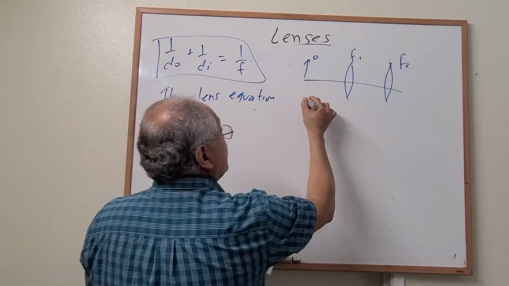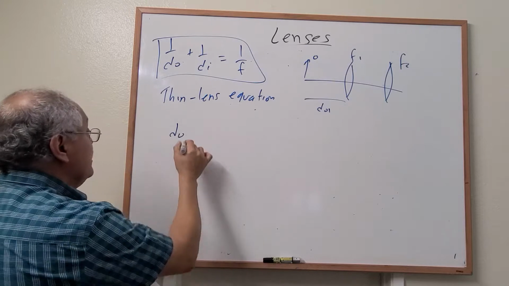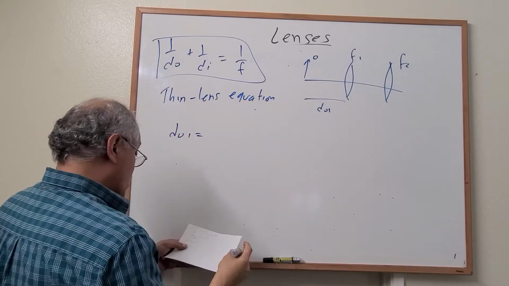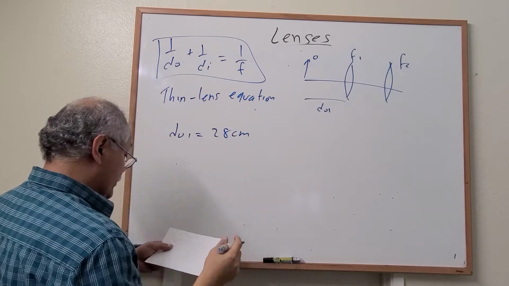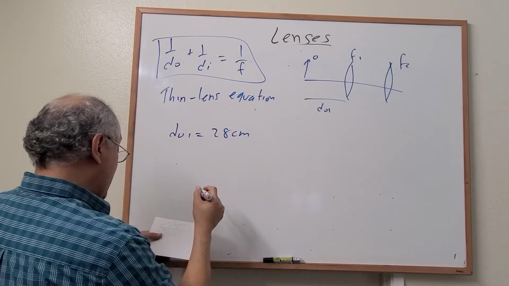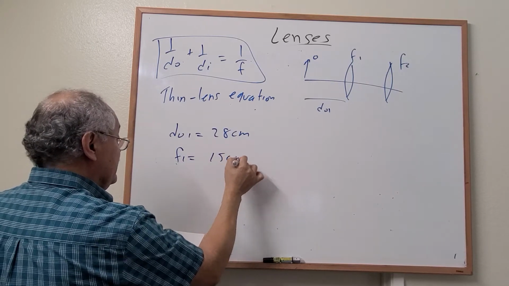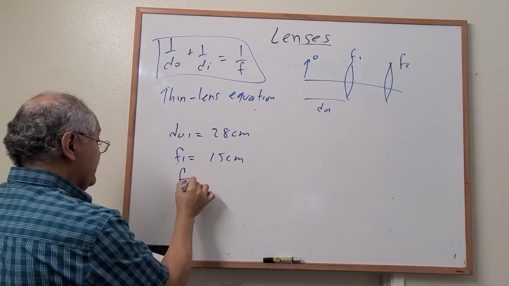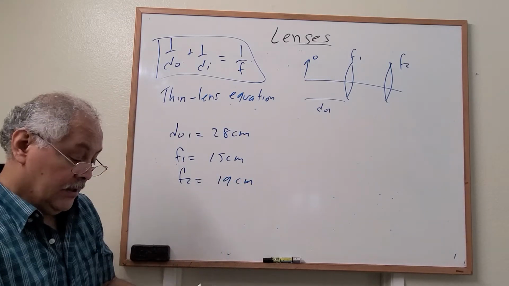Remember, this is DO from here to here, DO1, the distance for lens 1. DO1 is equal to 28 centimeters, and F1 equals 15 centimeters. F2 is equal to 19 centimeters.